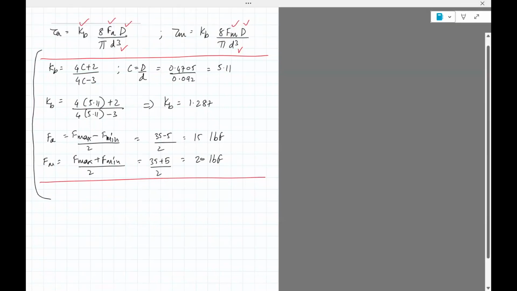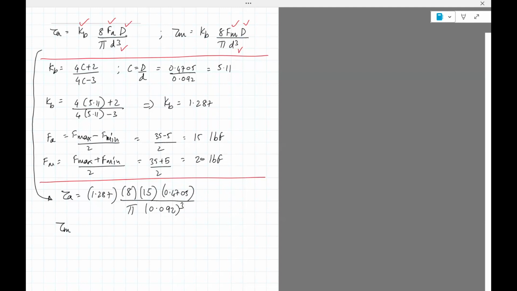So jumping here, we have tau A is KB 1.287 times 8 times FA 15, capital D is 0.4705, divided by pi, small d 0.092 cube.